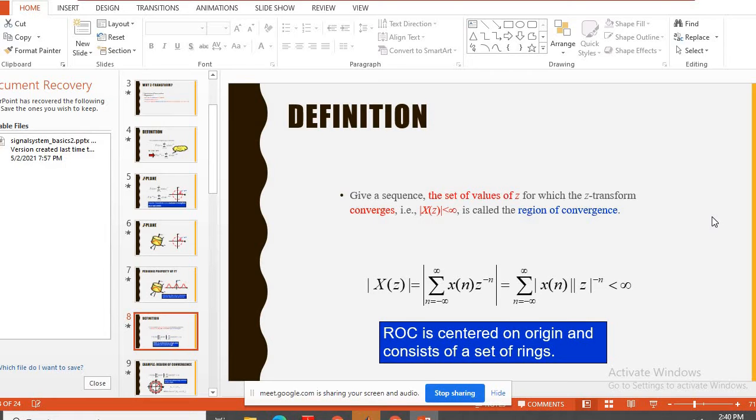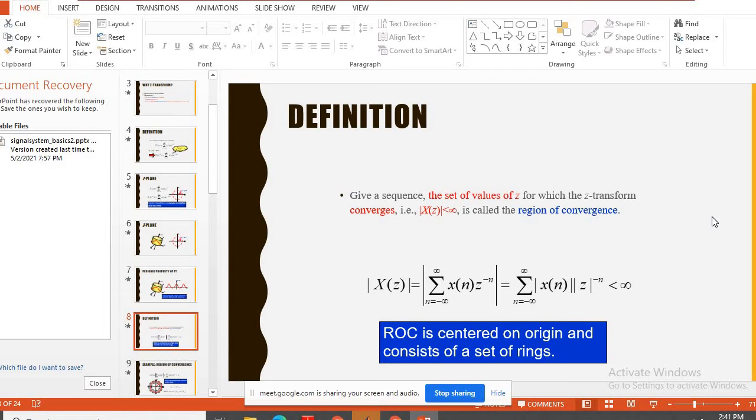So now we have to come to the basic definition. For x of z, given a sequence, it is the set of values of z for which the z transform converges. This word plays a very important role in the analysis of the z transform. What is convergence? Convergence relates to its value or its bounded nature, which we also call stable nature or stability.